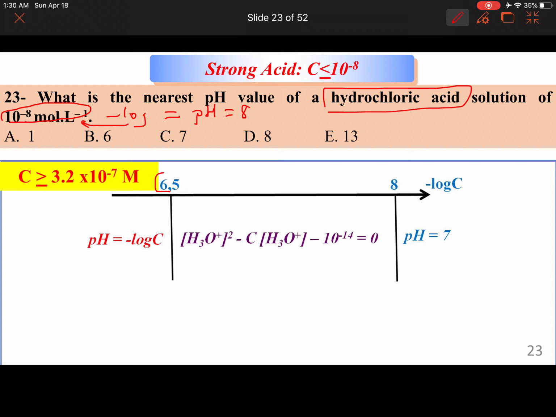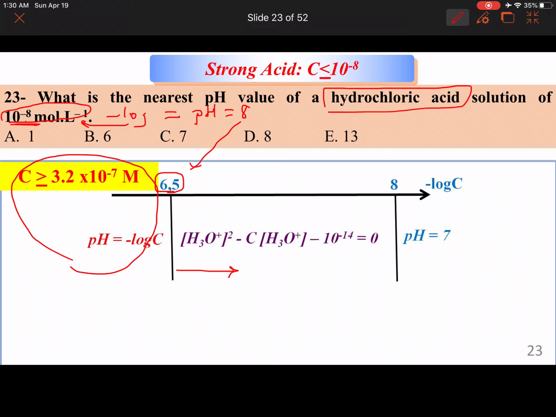And the first thing that has to stick to mind is, wait a minute, pH 8 is greater than 6.5. Okay? pH of A is greater than 6.5. And therefore, I have to look at the autoionization of water. Or, in other words, look at this number. This is too small. This is very, very dilute.